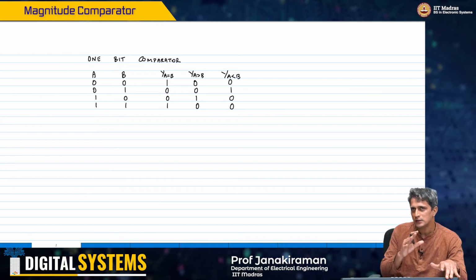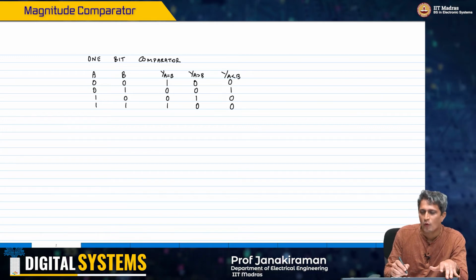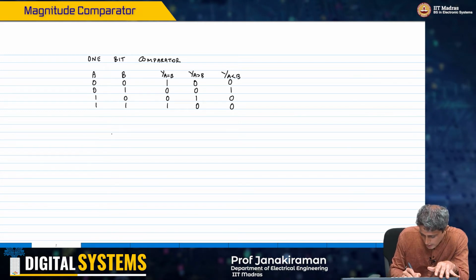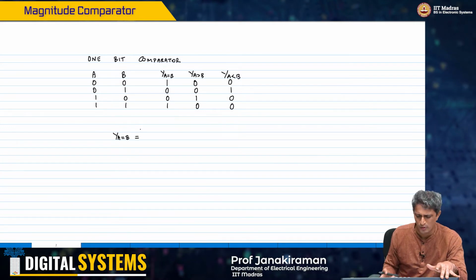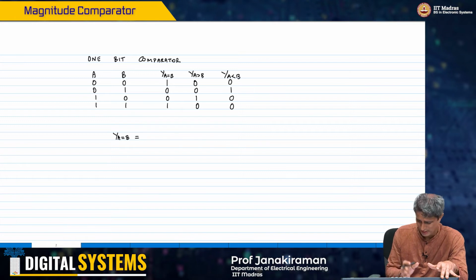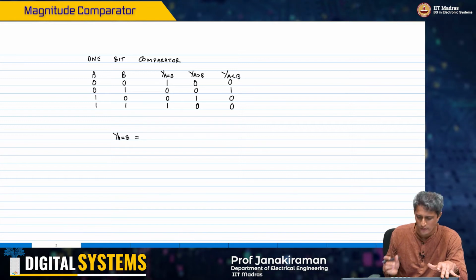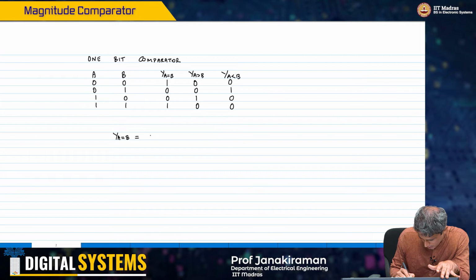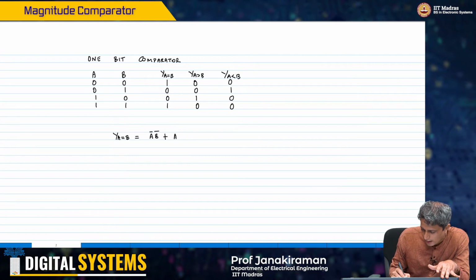Now let us go back and figure out what these truth tables are. So let us look at Y A equal to B. I am not going to draw the truth table because it's only 2 inputs. We can just write out the min terms and simplify if necessary. So this is just min term 0, A bar B bar, or A B, right?